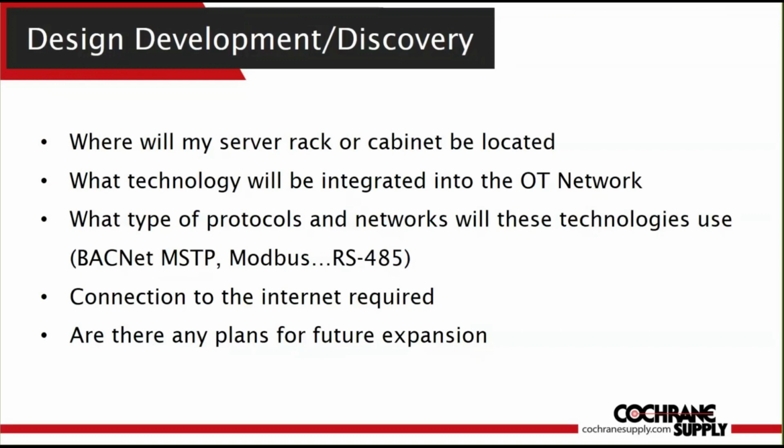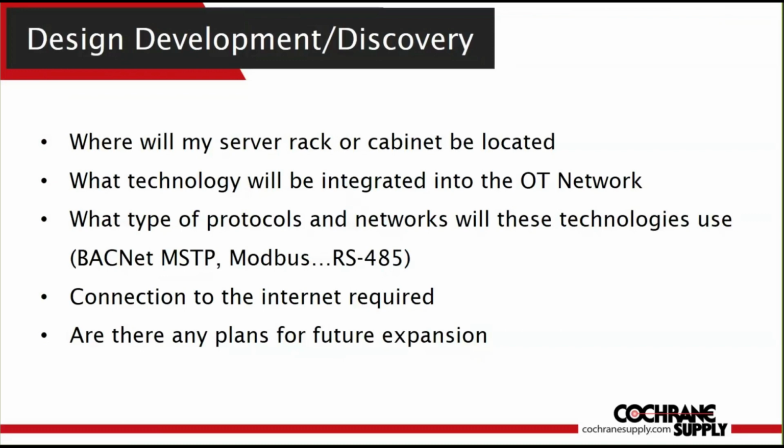And then you're going to want to know what type of protocols and networks or subnets these technologies will use, right? So you may have a job that's a flat architecture, which means you've got all IP devices. So you're daisy chaining a certain amount of VAV boxes because they're all IP, and you're running those straight back to a switch, right?